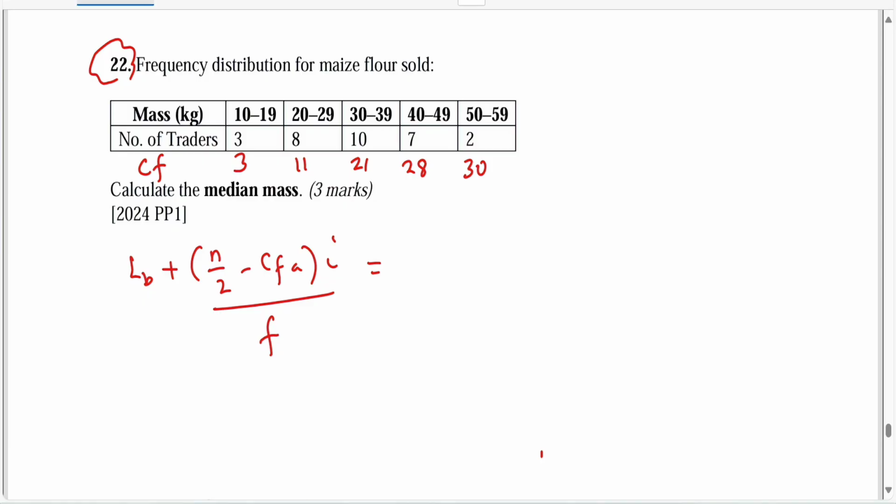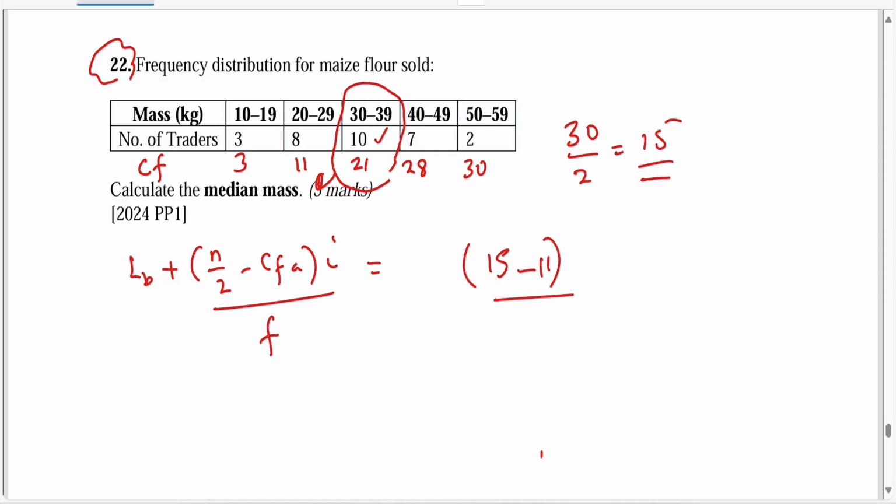So now we need to do n over 2. So 30 divided by 2 is equal to 15. So 15 minus cumulative frequency above. So let's search for 15 first. 15 is here. So minus cumulative frequency above, which is minus 11, over the frequency itself, which is 10, times your class interval from 30 to 39. Those are 10.